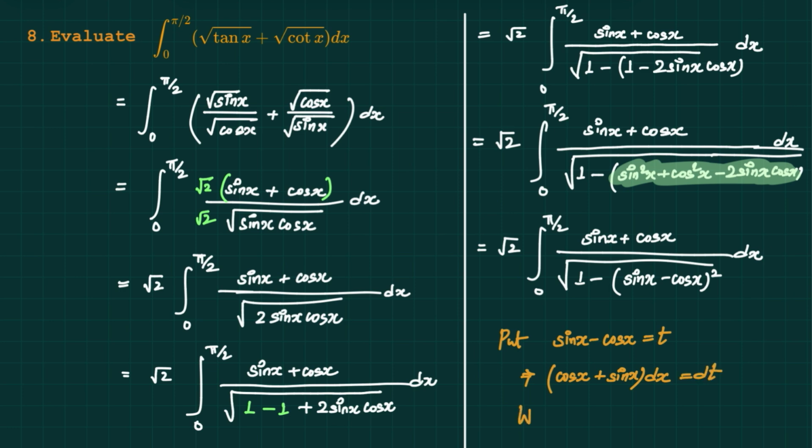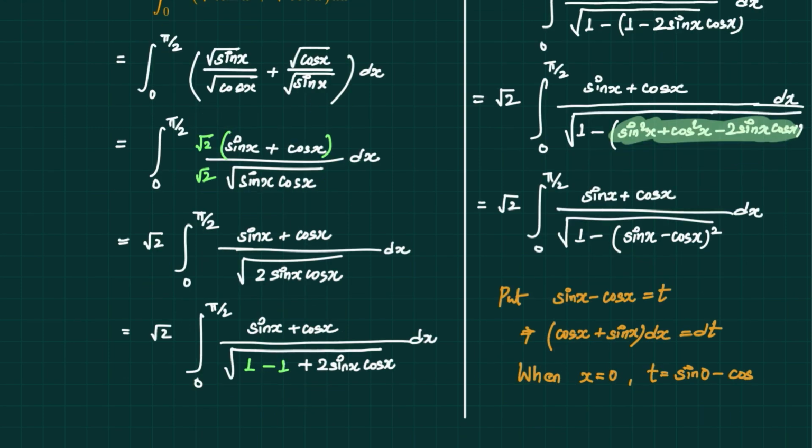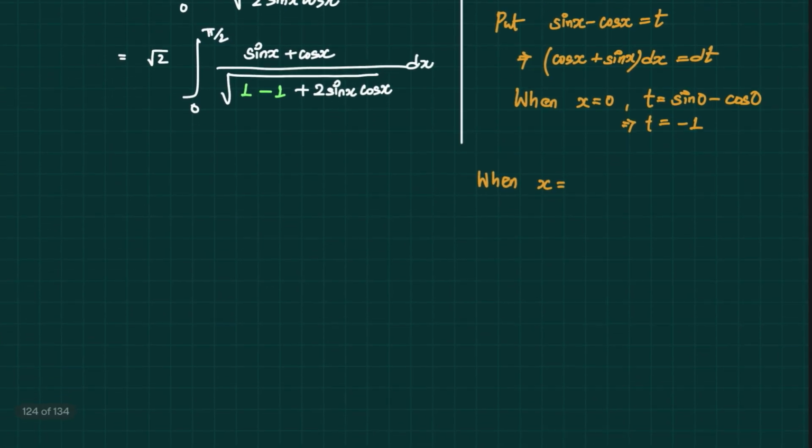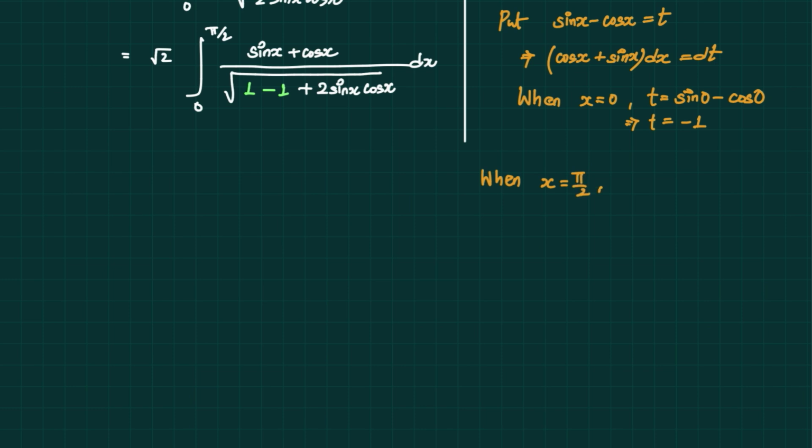Changing the limits, when the lower limit, that is x equals 0, then t equals sin 0 minus cos 0, that is 0 minus 1, that is minus 1. And when x equals the upper limit pi by 2, then t equals sin pi by 2 minus cos pi by 2. So this gives the value of t equals 1 minus 0, that is 1. So my new limit is from minus 1 to 1.